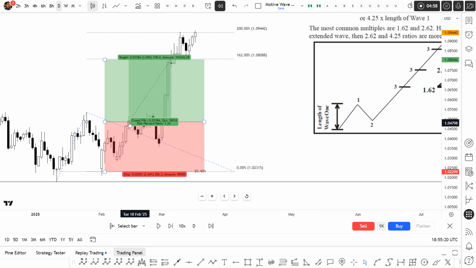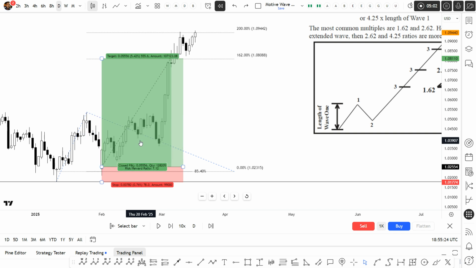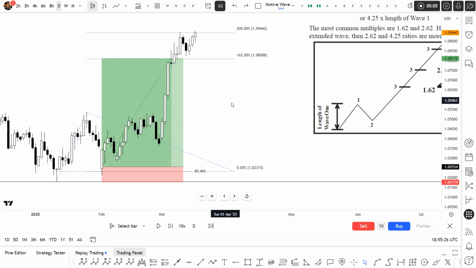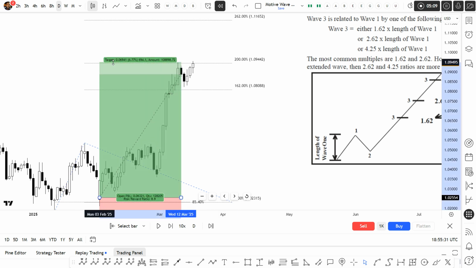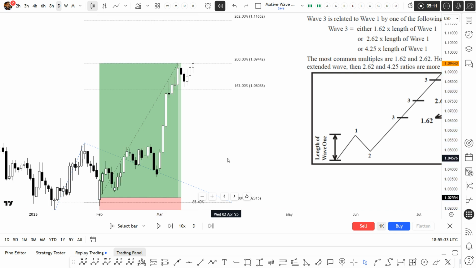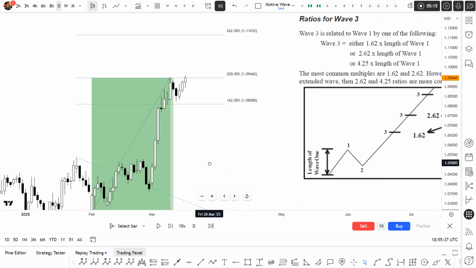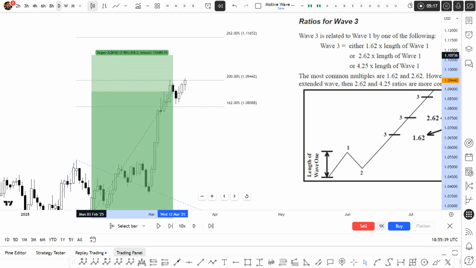But it is best you take entry from the starting point of wave three and you focus on this whole area here. But wave three can also go to this area here if we have a very strong, elongated fifth wave. It can also end at the 261.8% ratio.